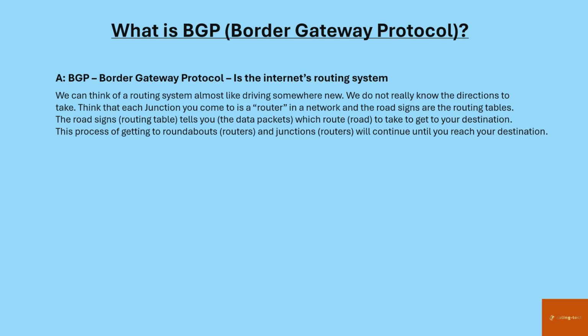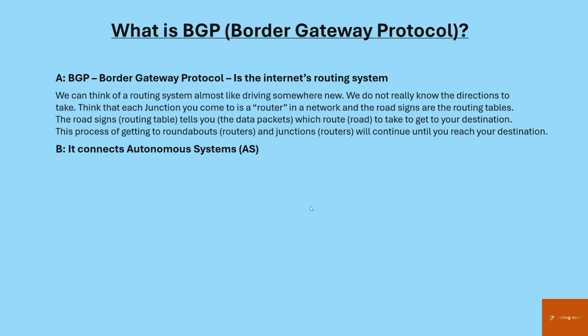In other words, the next roundabout, the next town, whatever you want it to be. Those road signs, in effect, can be a routing table telling the data where to go, which road to take. In other words, which route to help you get to your destination. And that's how the internet's routing system functions. In fact, that's how any routing system functions.